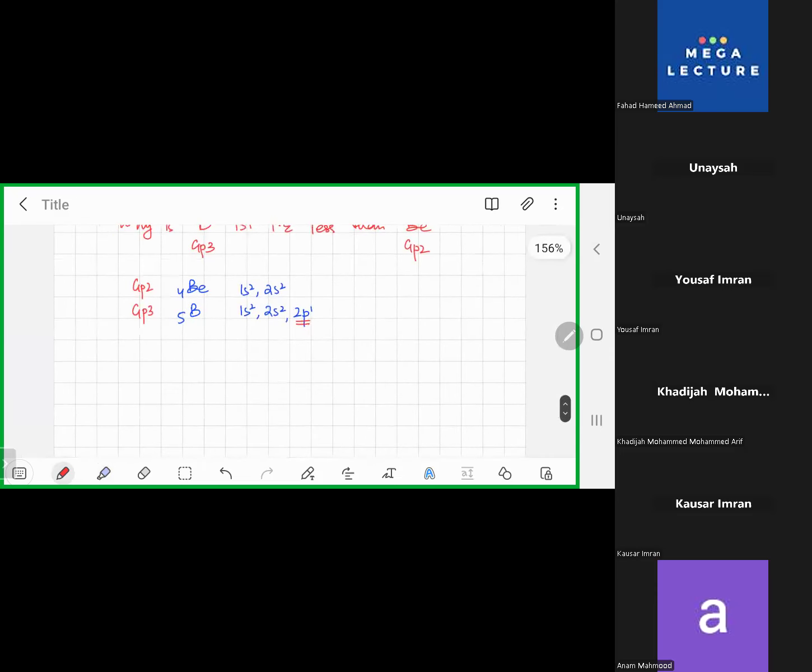ठीक है, कि भाई ग्रुप 3 पे कम क्यों हो रही है। तो what you're going to write is कि in बोरॉन the electron is removed from a higher energy 2p subshell, which is more shielded and further away as compared to your 2s subshell.